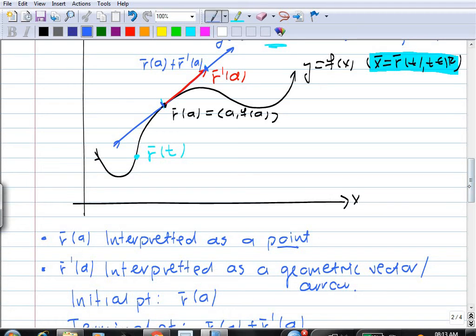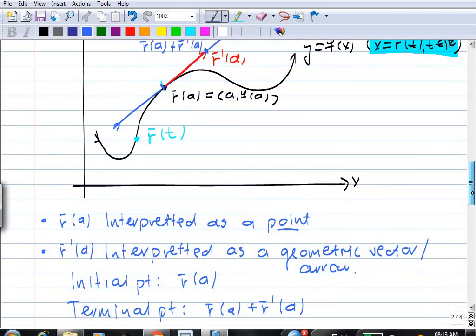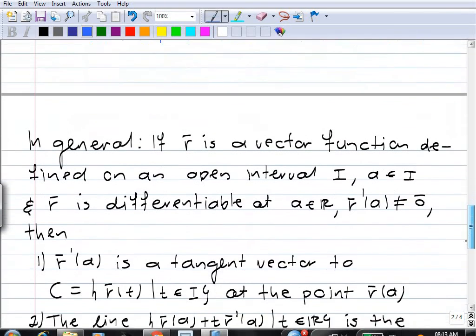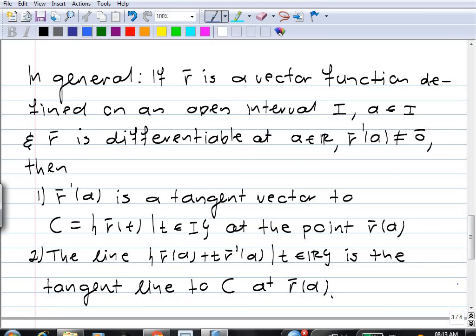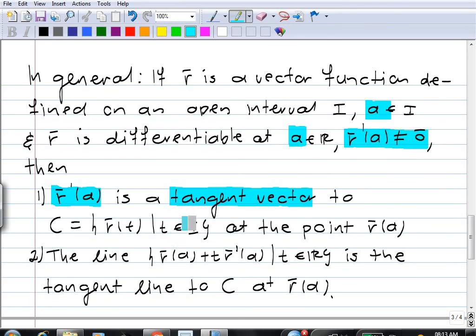Right? Now, in general, if r is a vector function defined on some open interval containing the real number a, and our vector function is differentiable at this a, and its derivative is not zero, then we interpret the derivative of r at a as a tangent vector to the curve, which is the range of our vector function r, right?